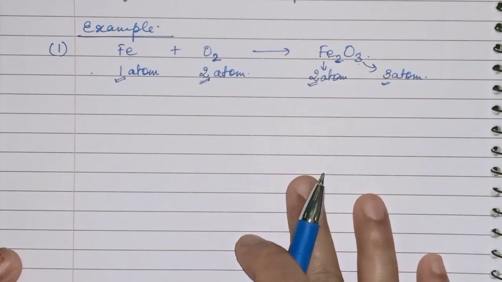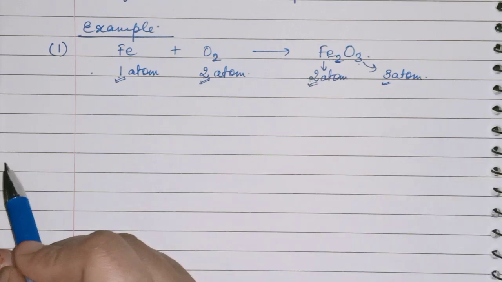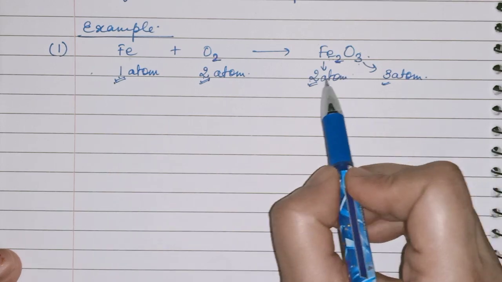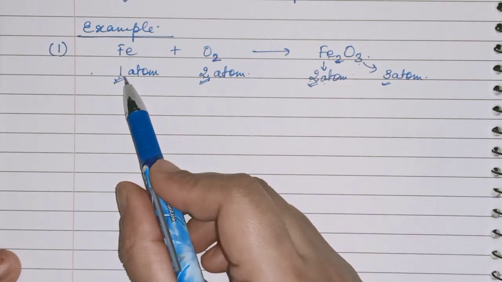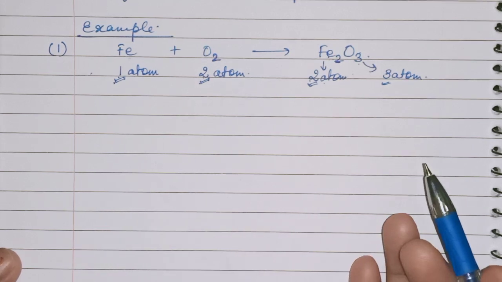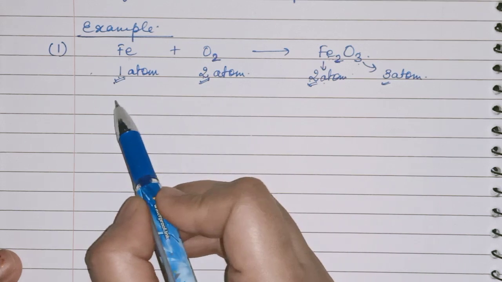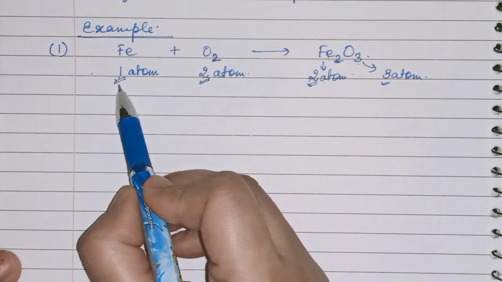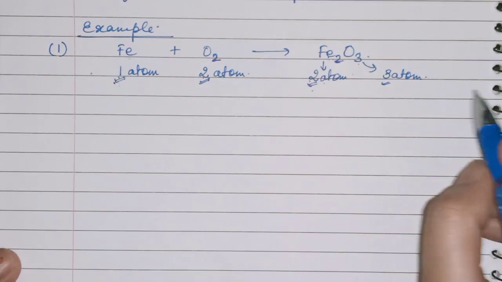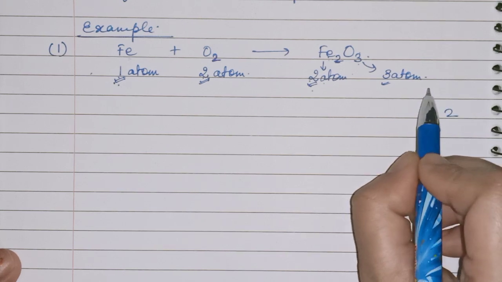So what you have to do is make the numbers of atoms equal on both sides, reactant side iron and product side iron. How will you do this? You will do this by multiplying any number with this or this to get the same number. For 1 and 2, what will be the common number?